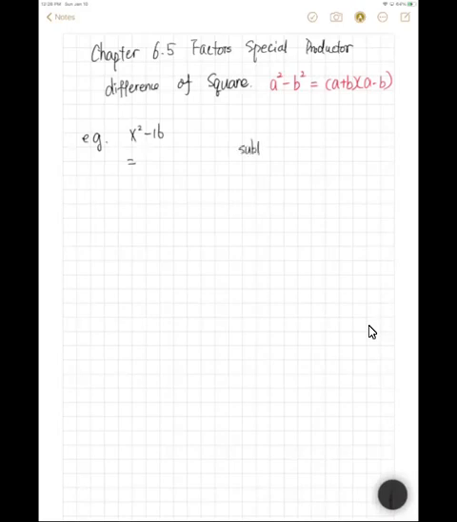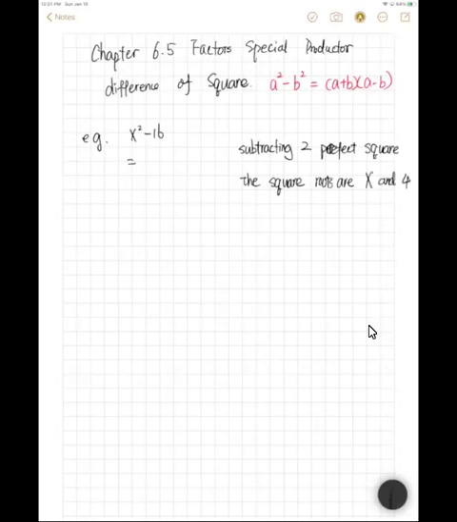So let me write it in here. Subtracting two perfect squares, and the square roots are x and 4.